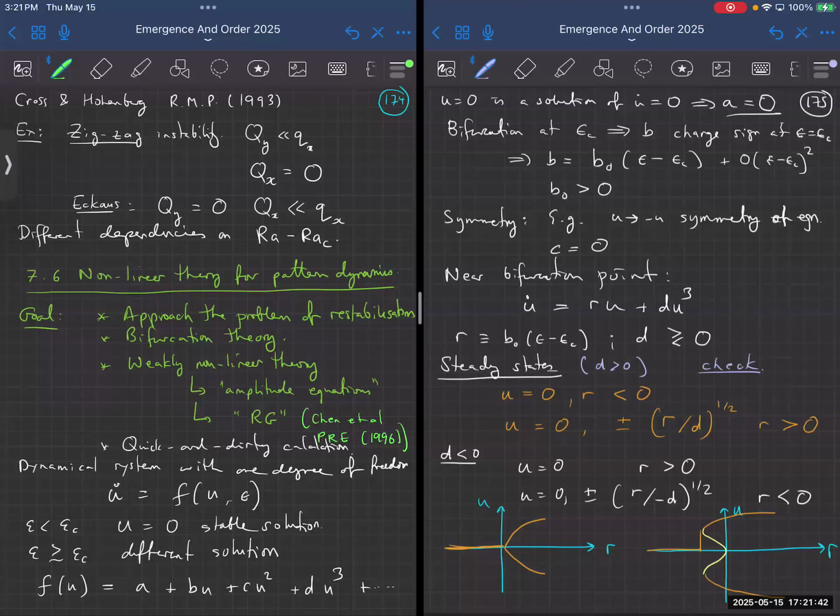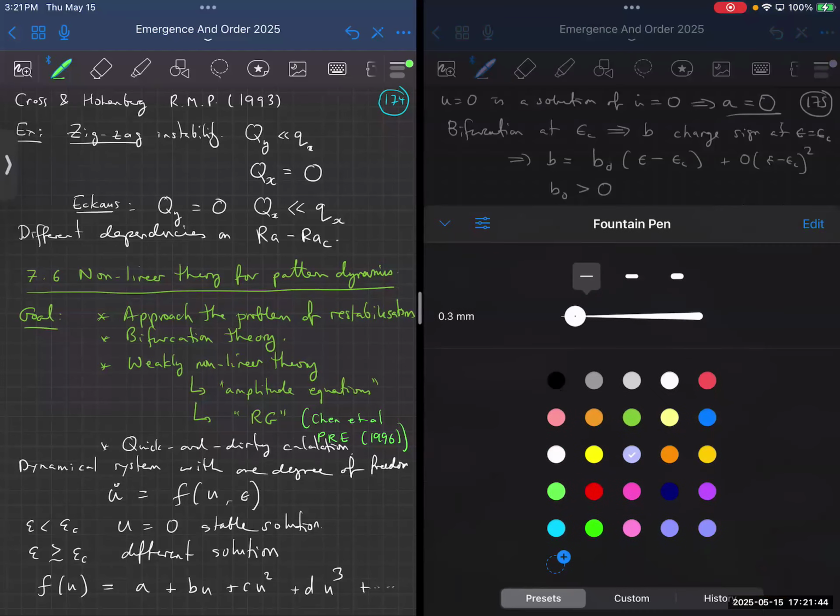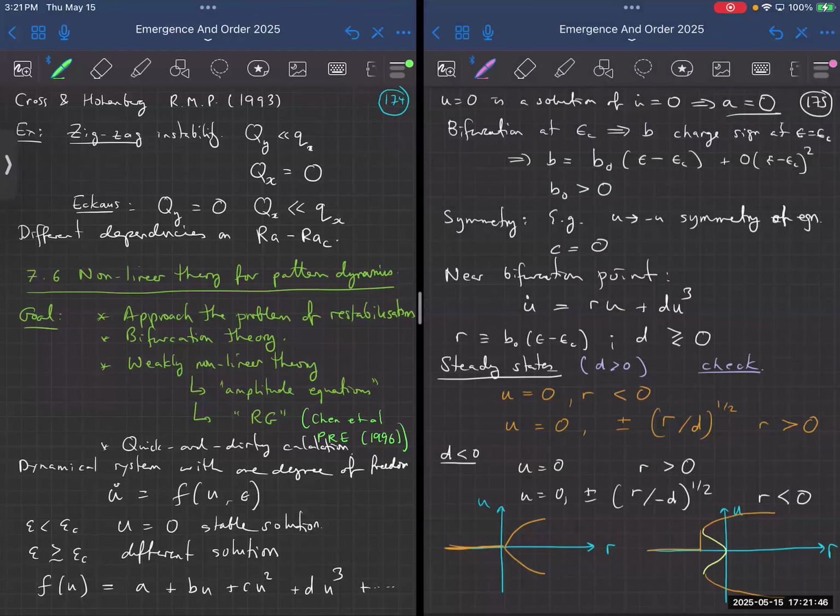And so here, what happens is you have a finite jump. And here it is continuous. I'm not going to put on this which case is D positive or negative. I'll fix it afterwards and make it right next time.